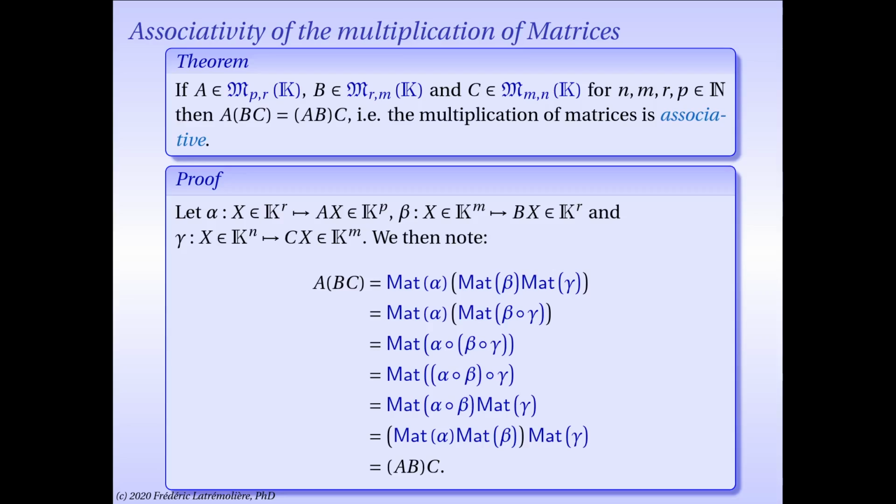We then unwind our products using the fundamental property of the matrix multiplication. Doing so, we end up with the desired identity. Thus, the associativity of the multiplication of matrices is actually a direct consequence of the associativity of the composition of functions.